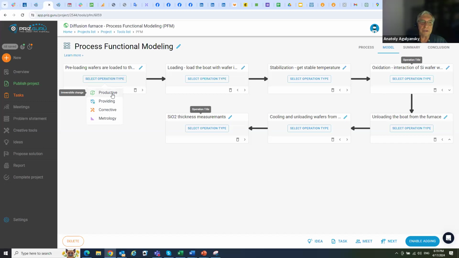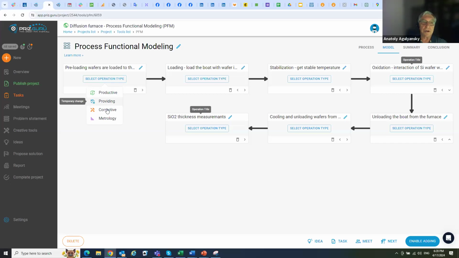There is productive operation. It's irreversible changes, like drilling a hole in a plate of metal. Providing operations are temporary changes. For instance, mark the place where the hole should be drilled.